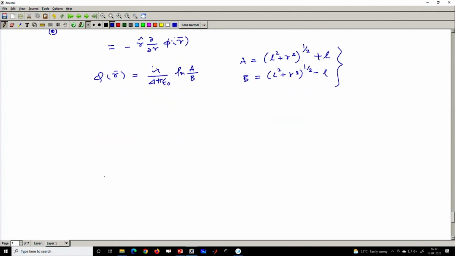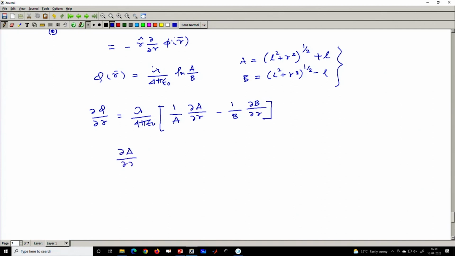So, now if I want to find this E, I need to take the partial derivative of phi with respect to R. So, del phi del R comes out to be lambda divided by 4 pi epsilon 0, which stays constant, and I have 1 by A times del A del R, minus 1 by B times del B del R. Now, del A del R is easy to calculate from the expression, and that is 2 R divided by 2 into (R square plus L square) whole to the power half.